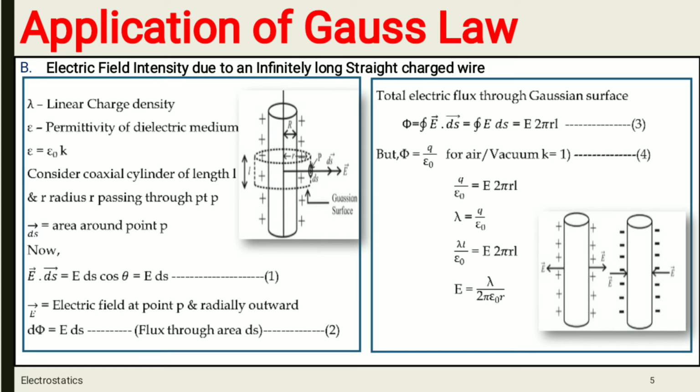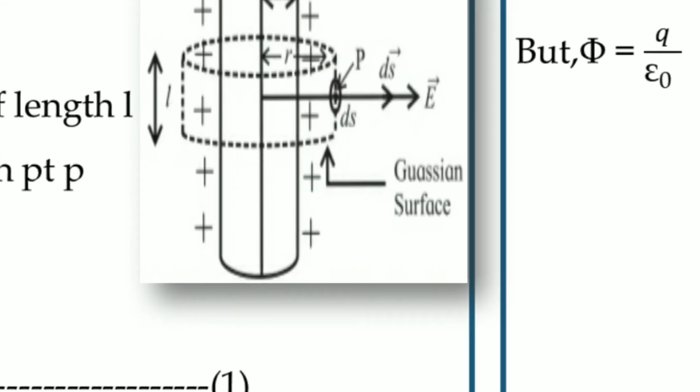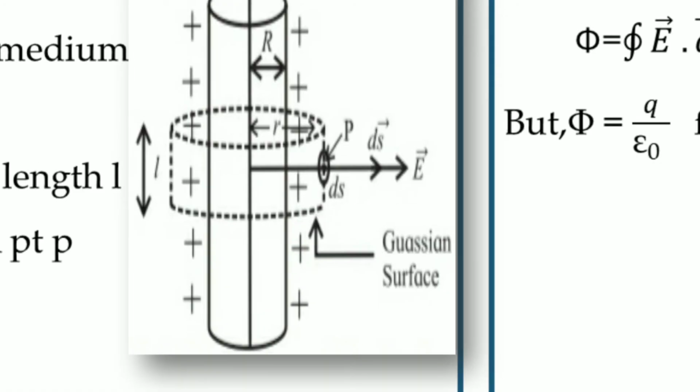Now dS is the area around point P. Here in the figure we have drawn a small area around point P, that is dS. Vector dS is the area vector along point P.